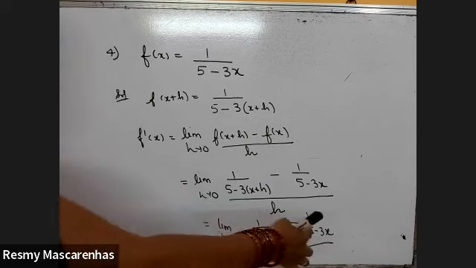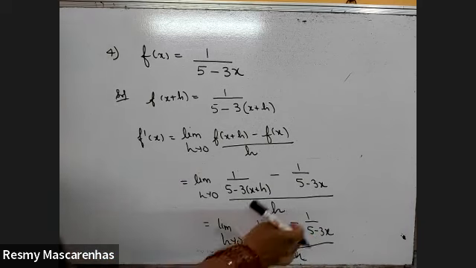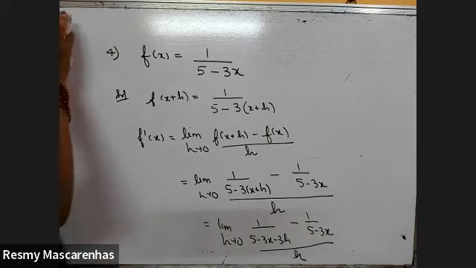Now you can cross multiply, and if nothing is there, it is to be taken as h upon 1. Before that also no problem. We'll just cross multiply these terms now because they are fractions. Just cross multiply.